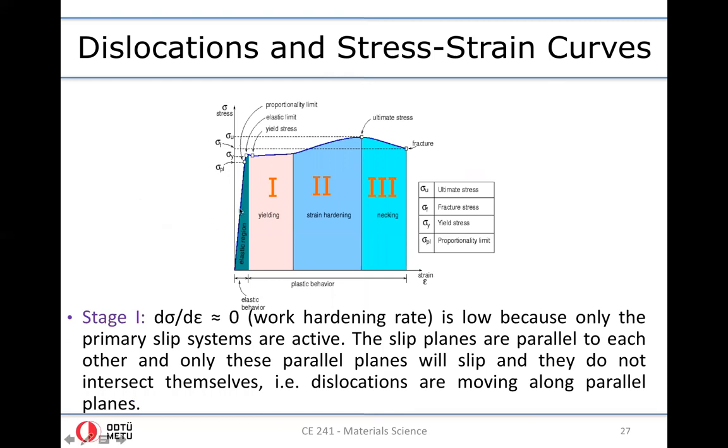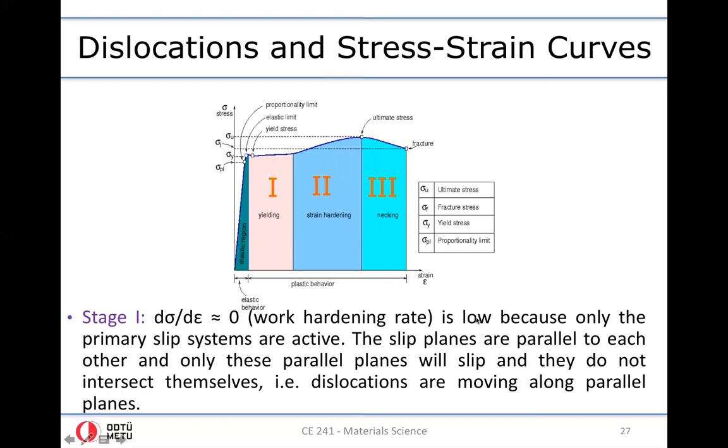Stage one is the part that is denoted by yielding, where the behavior is similar to what we refer to in viscoelasticity as creep-like behavior. Stress is pretty much constant, but the strain will develop. It's like the material's resistance to deformation is essentially almost zero.